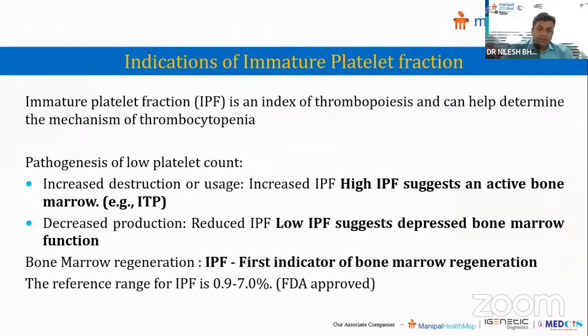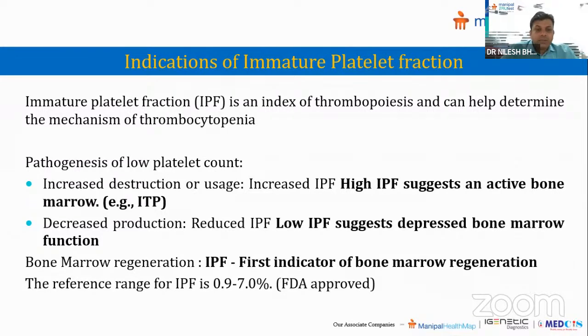Platelet counts are low because of either increased destruction or decreased production. If there is increased destruction, then the marrow is productive and the immature platelet fraction is usually on the higher side. It indicates an active bone marrow. Decreased production happens when there is marrow suppression, particularly in cancer chemotherapy, aplastic anemia, or marrow infiltration by secondaries.